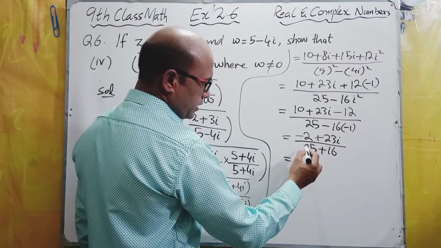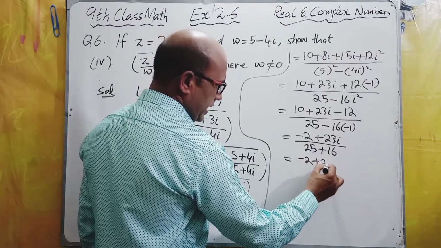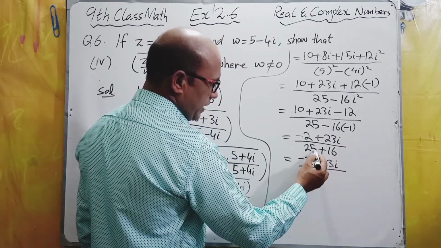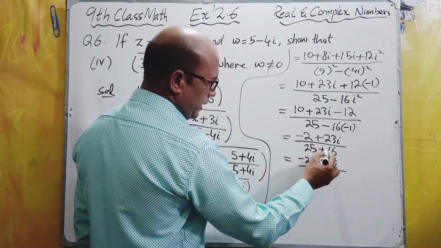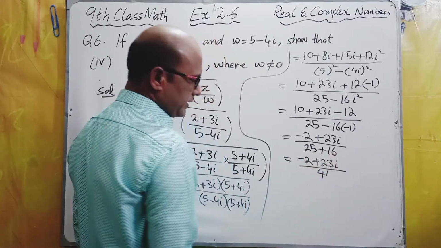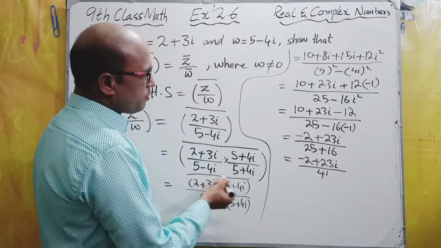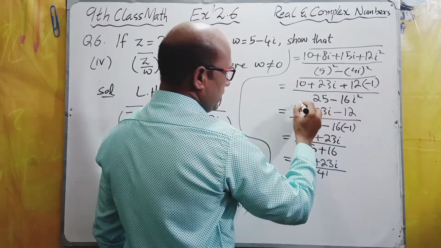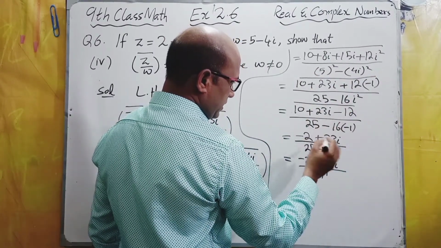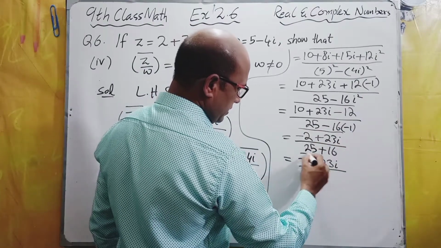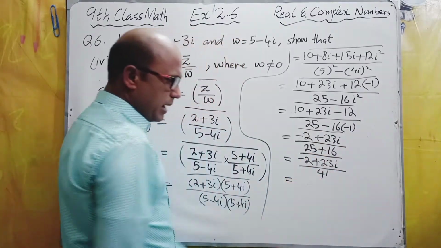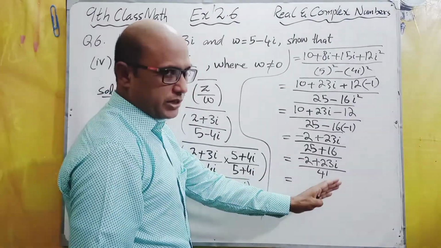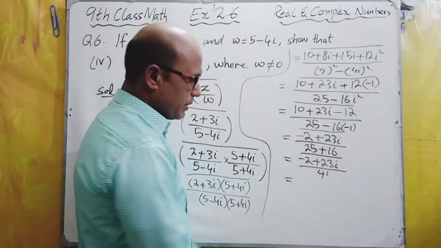the numerator will remain the same, over these two will be added. 25 plus 16 is 41. So students, because bar is still upon them, we'll keep on writing bar upon these fractions. Now bar will be removed, but first of all we have to separate the imaginary and the real numbers.